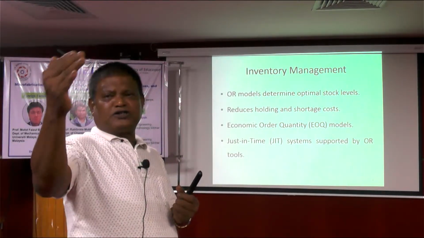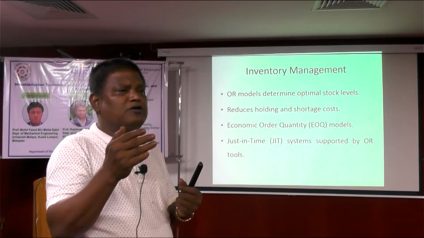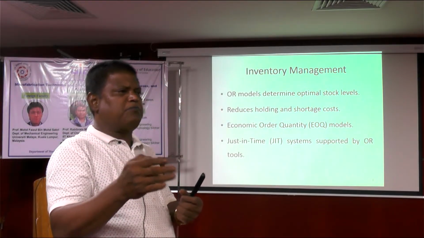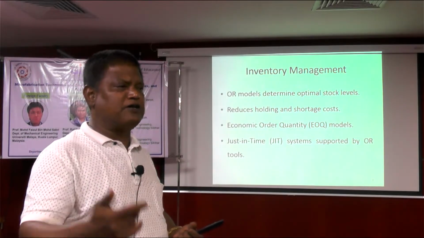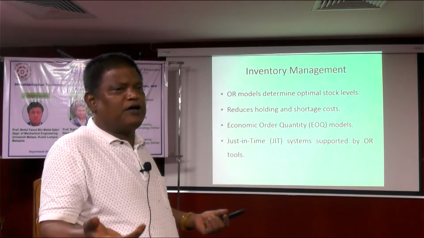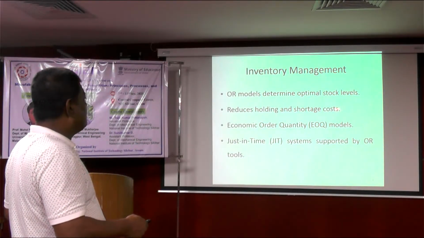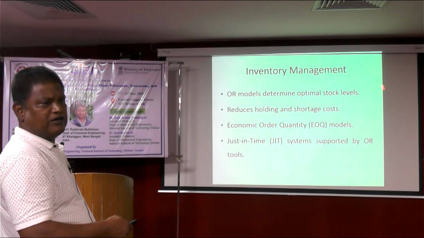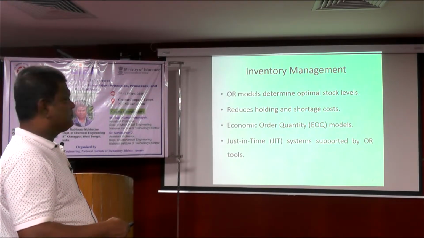If I order just 3 days before the month end and some untoward incident happens, maybe a storm or the road is blocked, it may take 7 days. In that case, for the remaining 4 days you will have no rice. That means you have to maintain an optimal stock level, to meet some untoward situation.